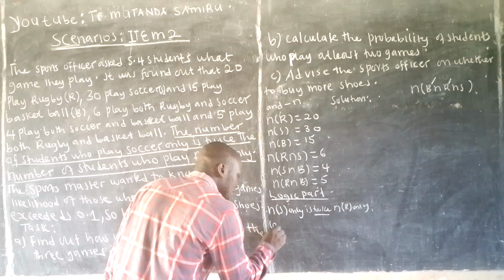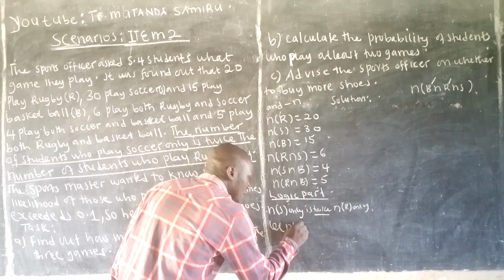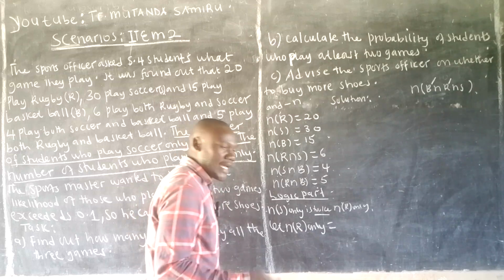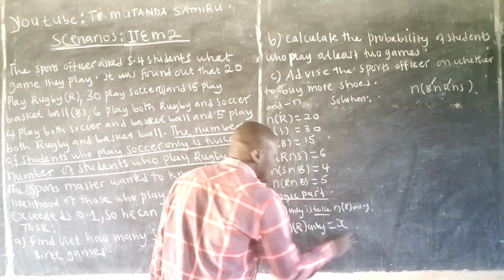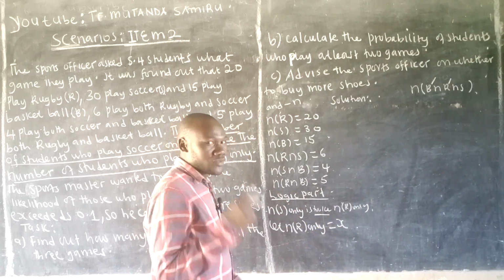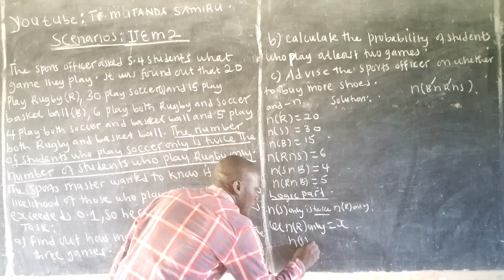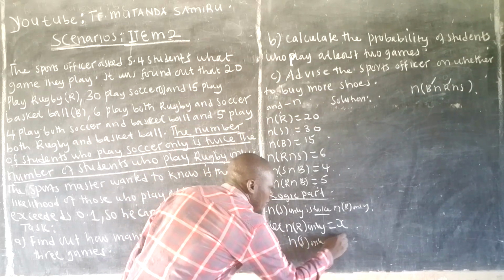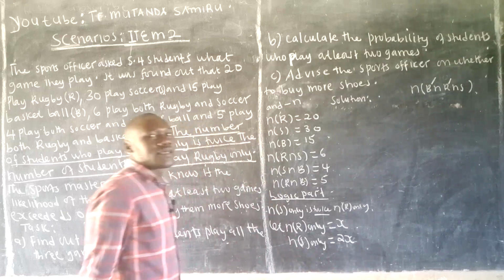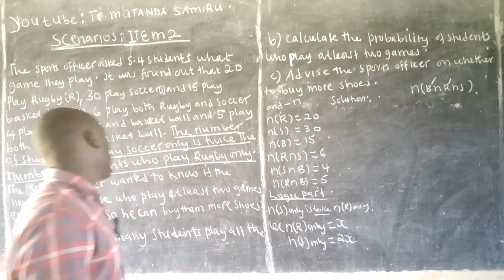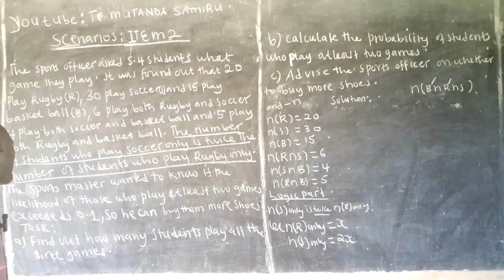So let number in rugby only equal x. Then twice means times 2. Since they are related, the number in S only will definitely be 2x, because twice means multiply by 2. Okay, good. We have analyzed our logic part. Now the same.